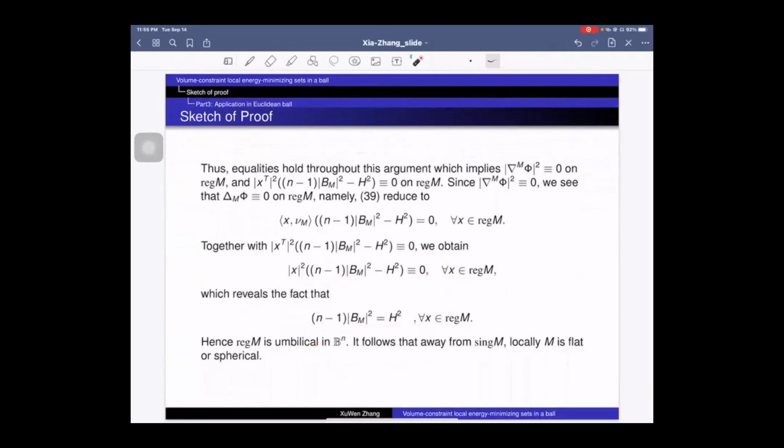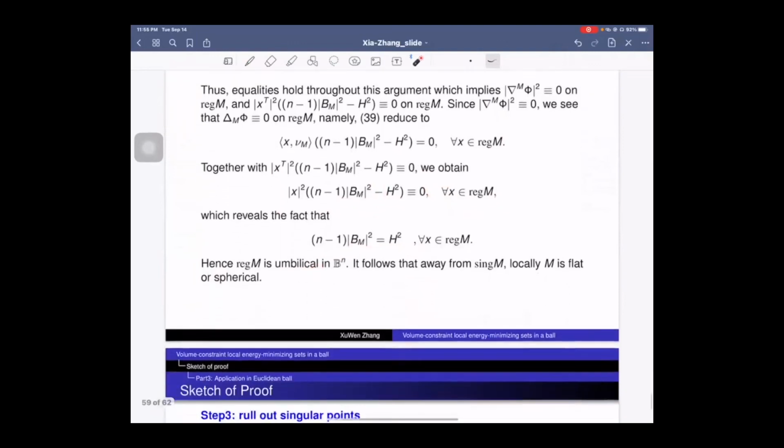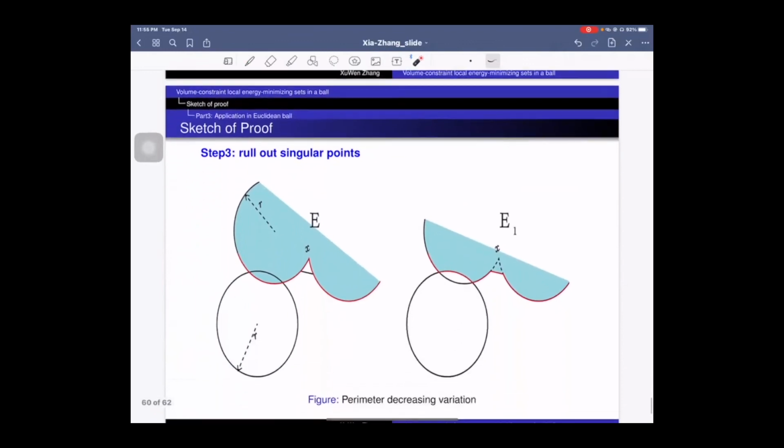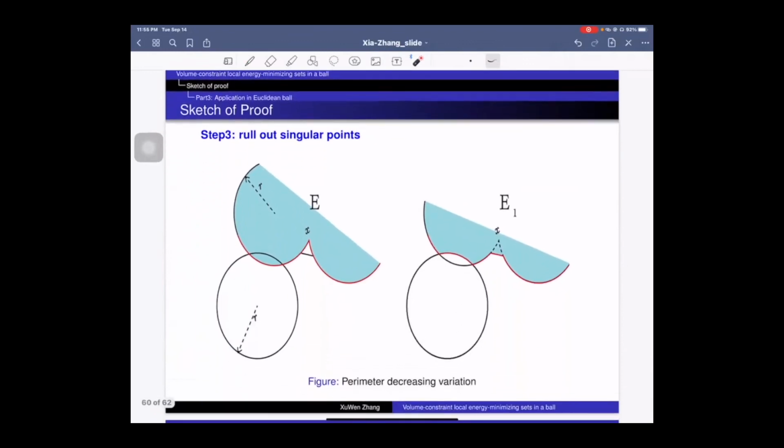So the only thing left to do is the singularity analysis. Briefly speaking, we can construct some volume preserving perturbation which decreases the perimeter strictly. And this will contradict the fact that such E is a local minimizer.